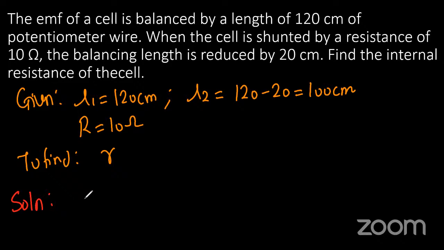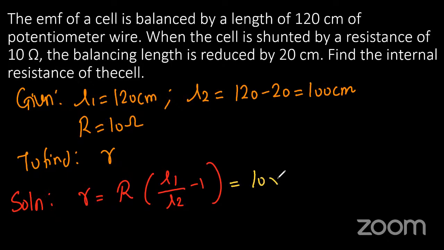So what is the formula? Anyone? Small r is equal to capital R times L1 upon L2 minus 1. Sorry, L1 upon L2, not L2 upon L1. So if you want to find small r, it's capital R, L1 upon L2 minus 1. If I put the value 10, it's 120 divided by 100 minus 1.